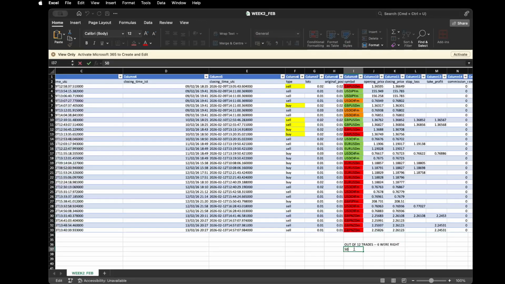So having 50% accuracy, I still ended in loss. Again, a poor psychological mistake.